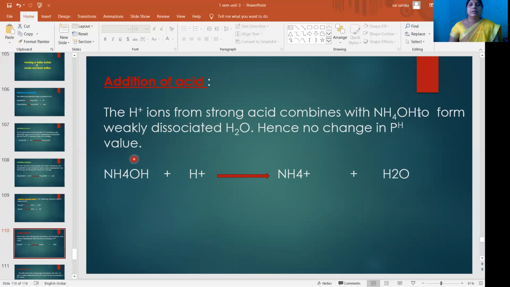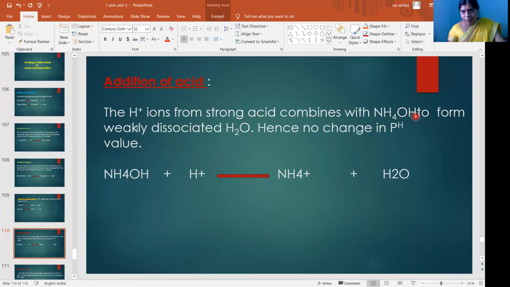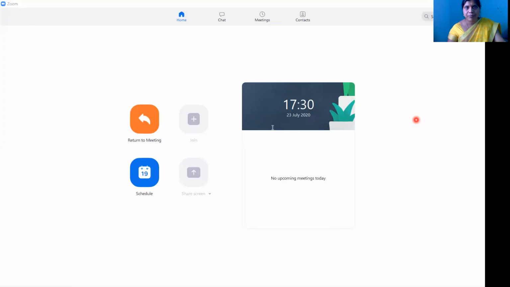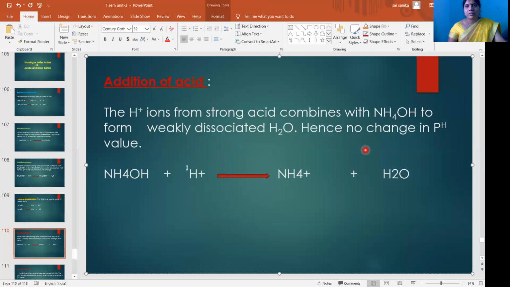Then you get NH4 plus ions and weakly dissociated water, hence no change in pH value.